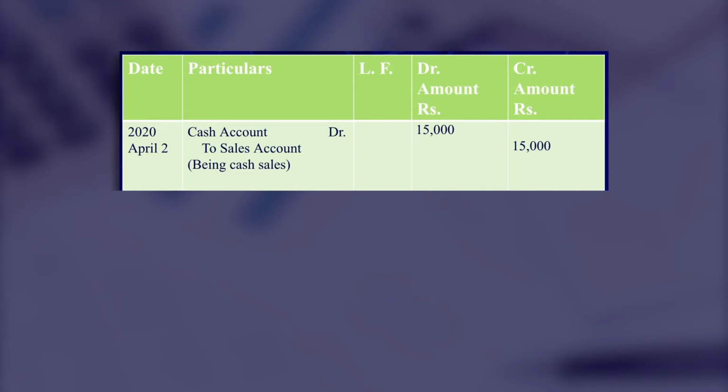Therefore, as per the rule of the nominal account, credit all revenues and gains. Therefore, we will credit the sales account. So, the transaction recorded in the journal will be cash account debit to sales, 15,000 rupees.